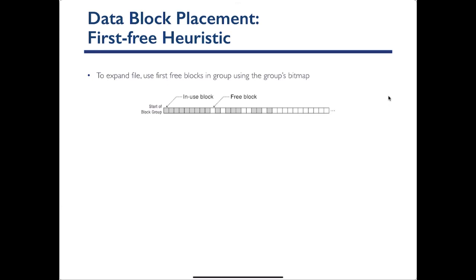Now, if you want to find free blocks, you just search through this bitmap to find the blocks that are empty. You could use different algorithms for finding your empty blocks. This idea of using bitmaps and then searching for free blocks is common everywhere, right?